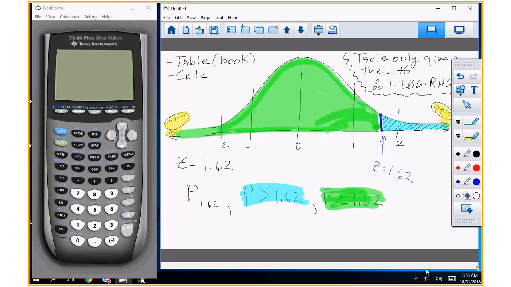Wrong. Because our empirical rule says that this is 2.5, right? Right here. And this is 13.5, right? So, I'm going to just go out on a limb here. This right here is our halfway mark. So what's half of 13.5?